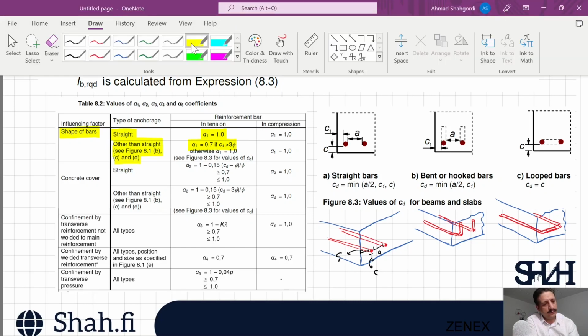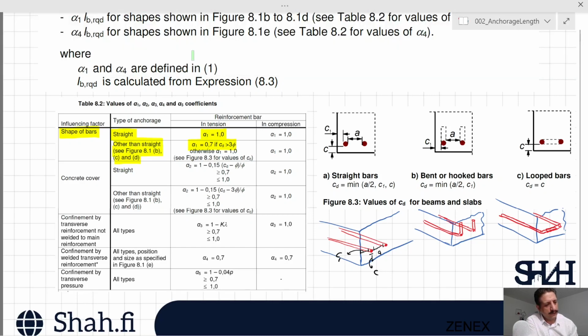And for alpha 2, we can calculate according to the given equation for straight bars. Alpha 2 is calculated from the equation and it should be greater than 0.7 and also less than 1. It should be in this range. If it is not straight, then we can use the other equation, but still we need to keep the limits.